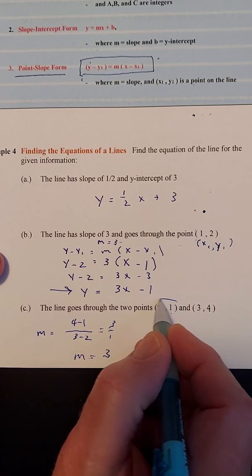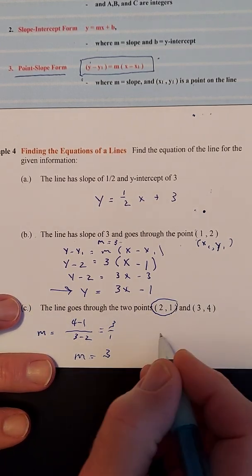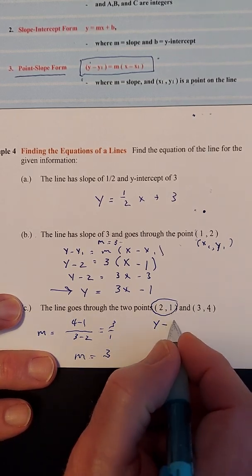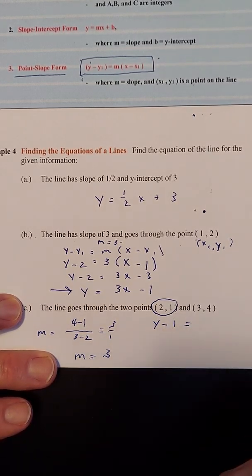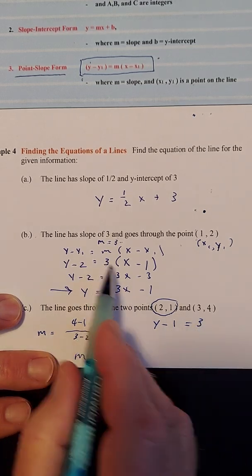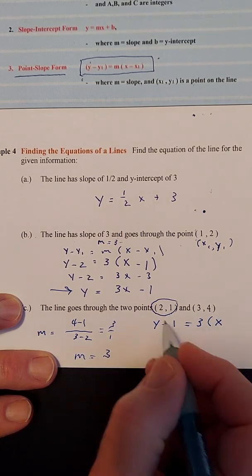So let's say I'm going to use this one. I always take the easiest one. So it's y minus y1, which is 1, equals the slope, 3. All I'm doing is using that point slope form, times x minus 2.